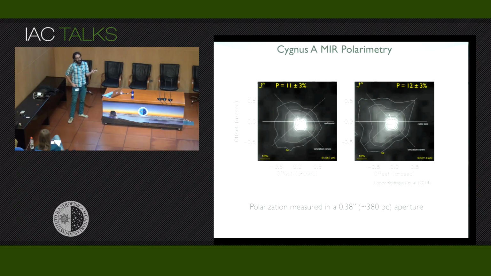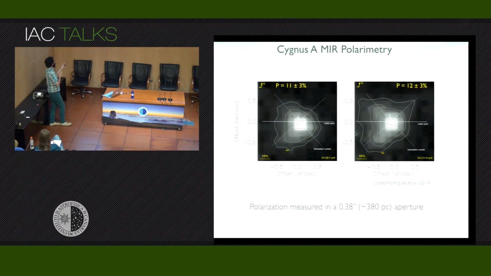This is the first AGN polarimetry observation with CanariCam during the commissioning. We were checking this 11 or 12% because when we do the polarimetry reduction, we have to align the data, and something misaligned produces a very highly polarized fake polarization.